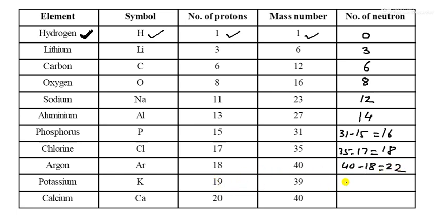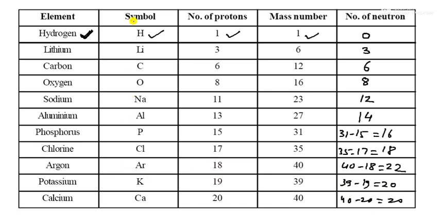Now here is 39 minus 19, that is 20. It is potassium. Then calcium is 20 and 40, so 40 minus 20, we get 20.